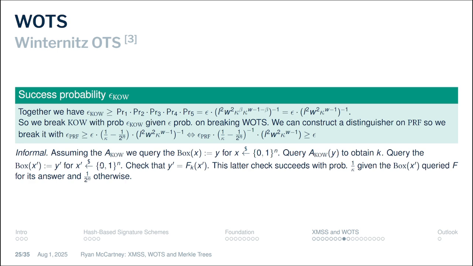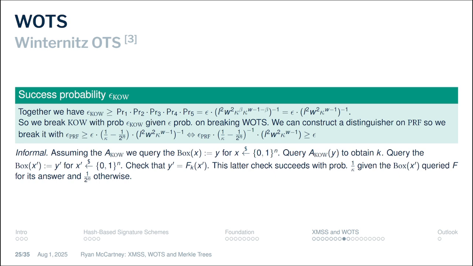And now we query this key one-wayness adversary with our value y and actually also x, and we now obtain this key k with some probability.